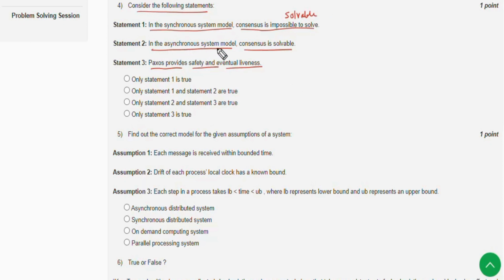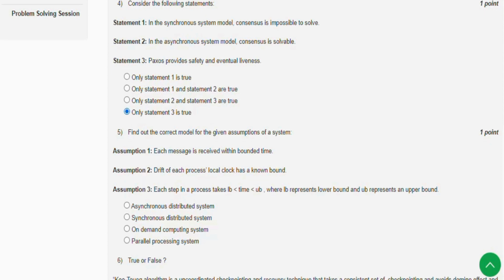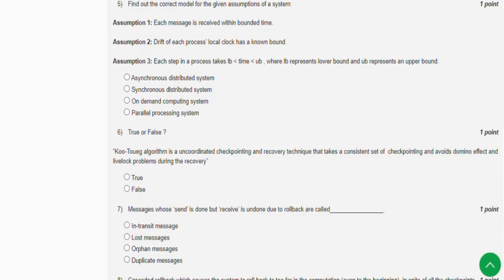And in the asynchronous system model, consensus is impossible to solve. Okay, so both are not true, only statement 3 is true. Okay, so I select option 3. Now moving into the next question, question number 5.